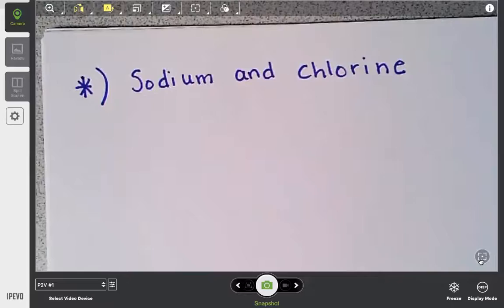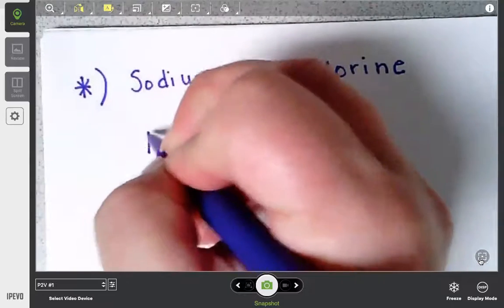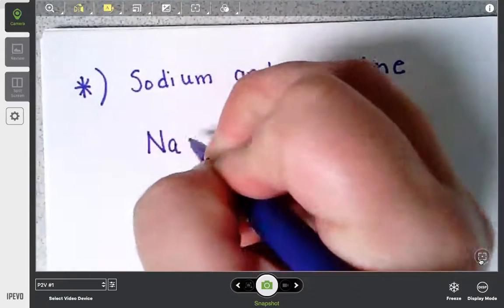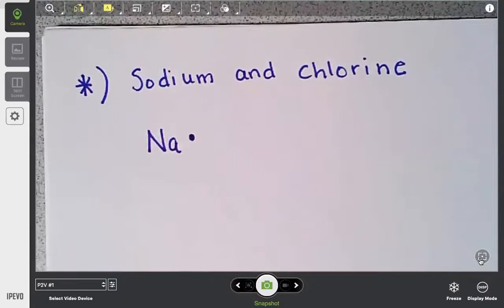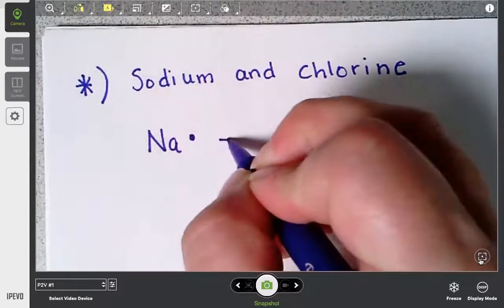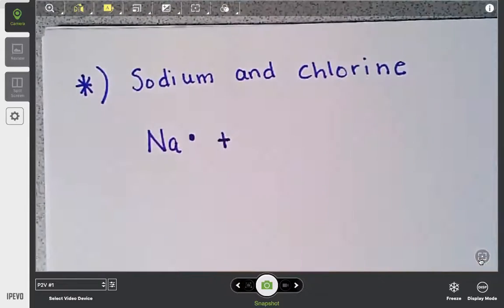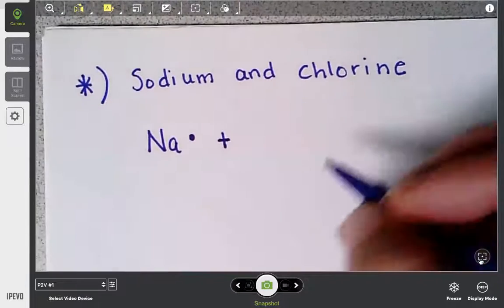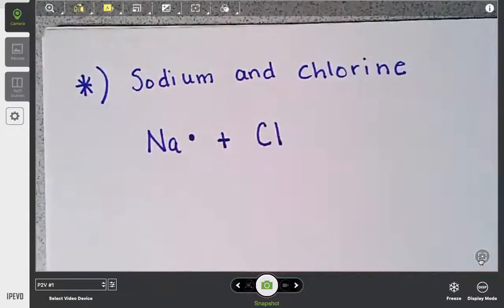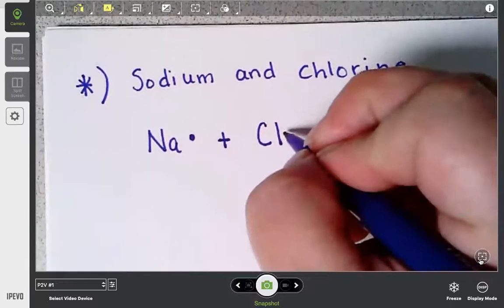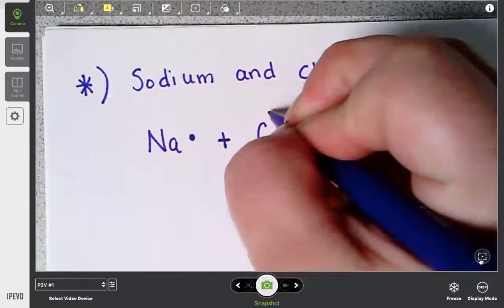I locate sodium on my periodic table. It's Na. It's in group 1, so it has 1 valence electron. Then I'm going to put a plus sign, because I'm showing how these are going to bond together. And I locate chlorine. Chlorine is in group 17, so it has 7 valence electrons.